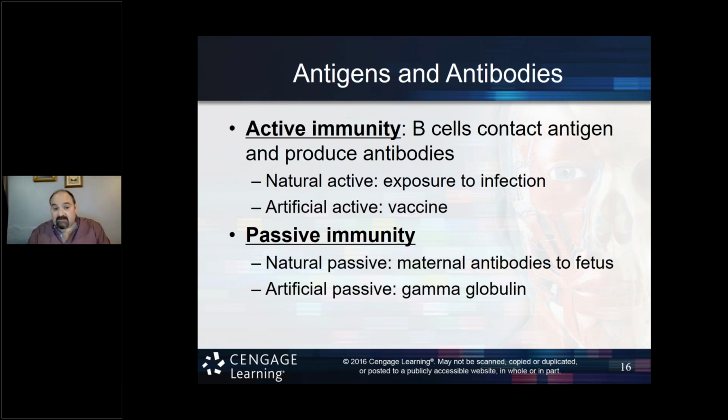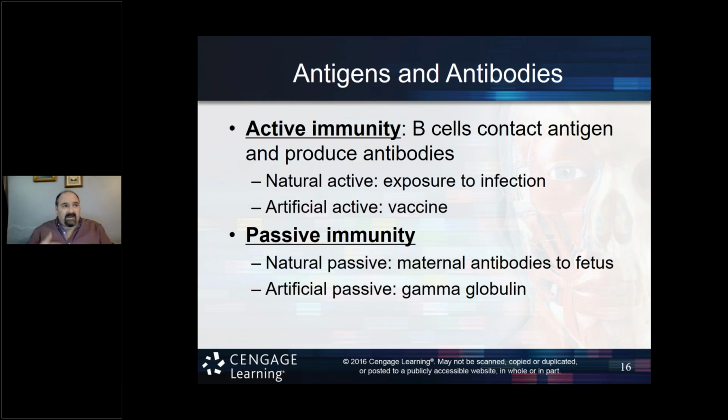They're not waiting for the body to react, as in active artificial, where you've been given a vaccine and your body will take a period of time to respond to these particles that are subdued, so that they're not going to make you sick, but they're going to help you mount an immune response via the vaccine. So this is active as far as vaccines are concerned, artificial because you're being given this vaccine, natural as a result of you actually being exposed to an infection.